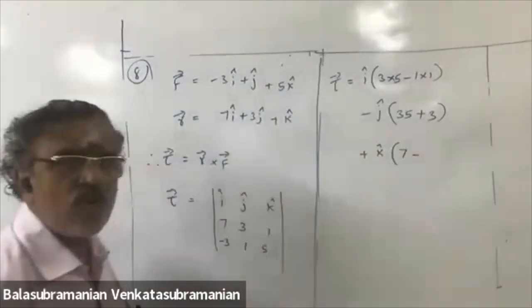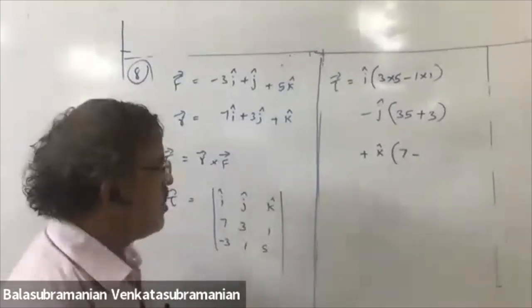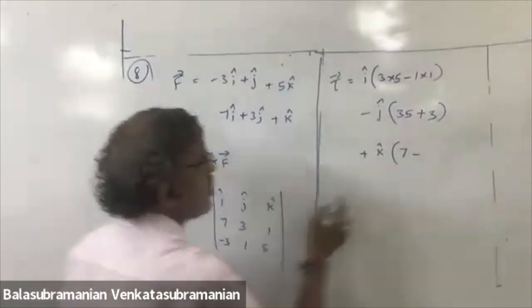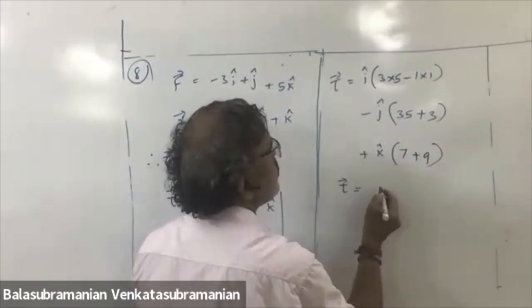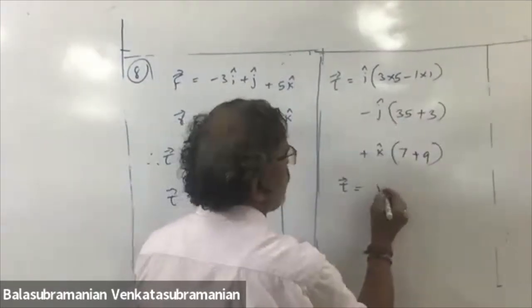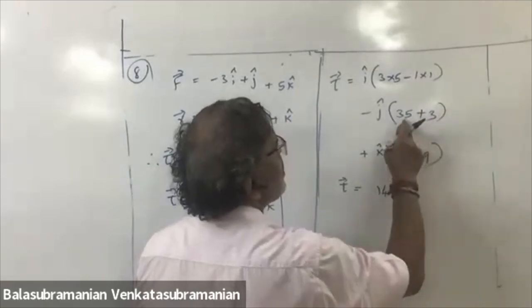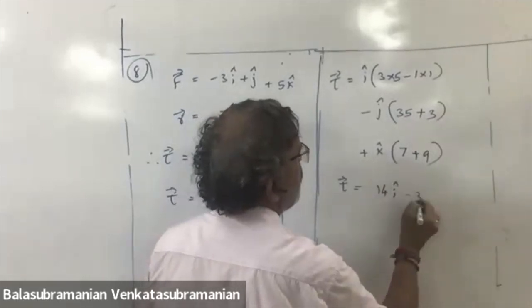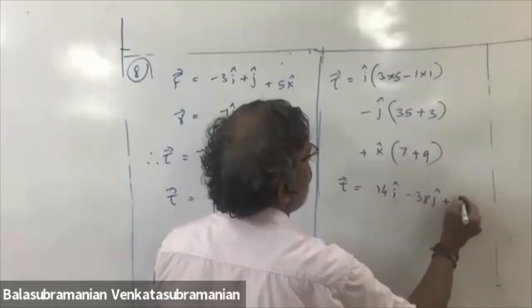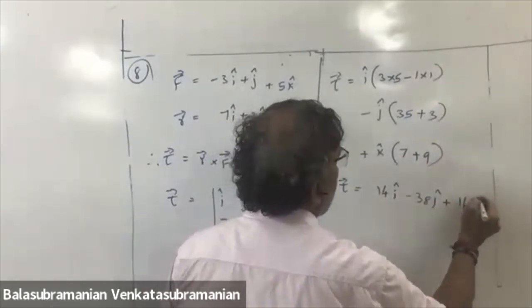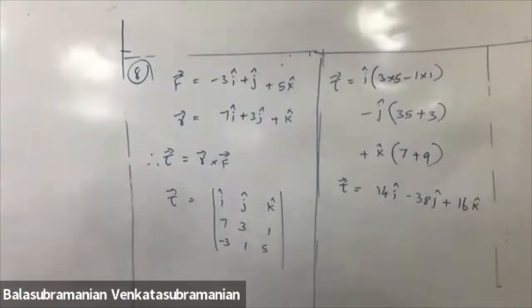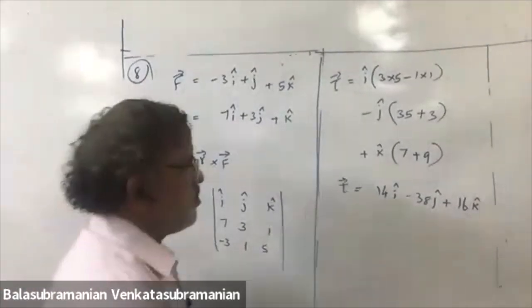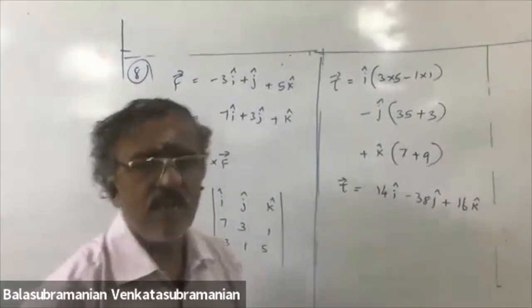Already one minus, so it will become plus 3. So I can write tau is 15 minus 1, 14i, 35 plus 3, minus 38j plus 16k. 14i minus 38j plus 16k. That is the final torque.